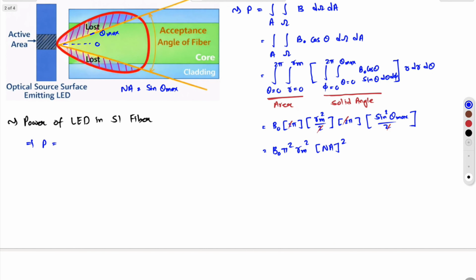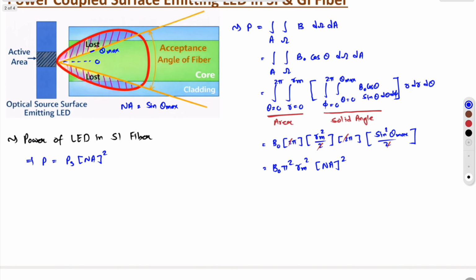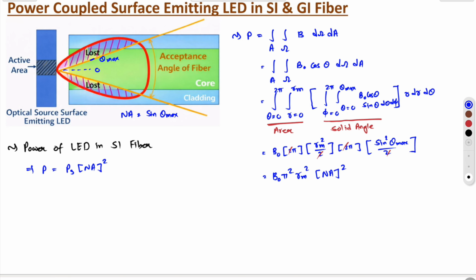So here I'll be saying this is PS into numerical aperture square. And this equation is valid only if the radius of active area is lower than the radius of optical fiber. Here we have Rm that is lower than or equal to radius of core region, right?